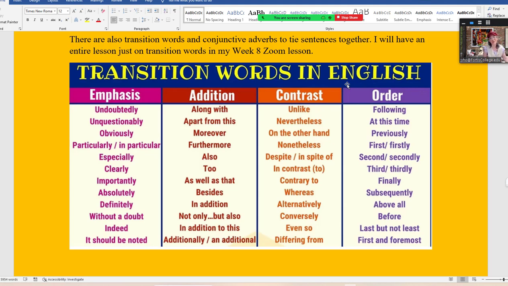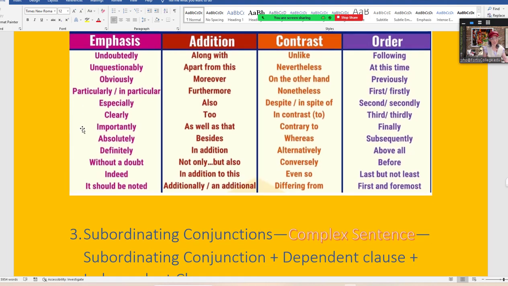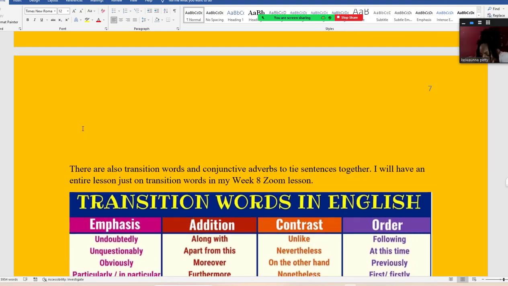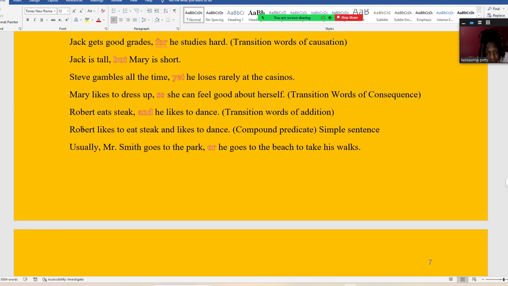Anyway, all you need to know is transition words, okay? And also be aware it's known as conjunctive adverbs. That's another way of saying transition words. So all of these are conjunctive adverbs, just so you know. And they always put together two sentences, and it's a complete sentence.